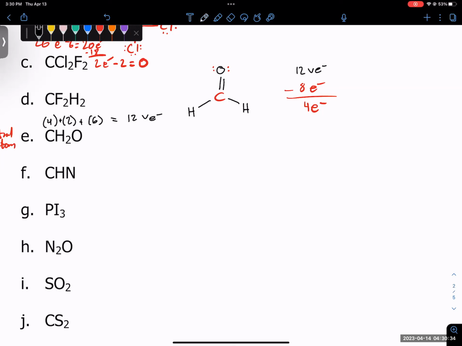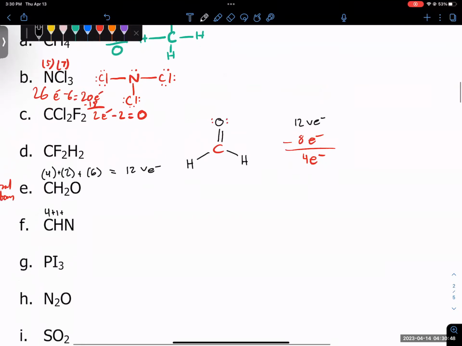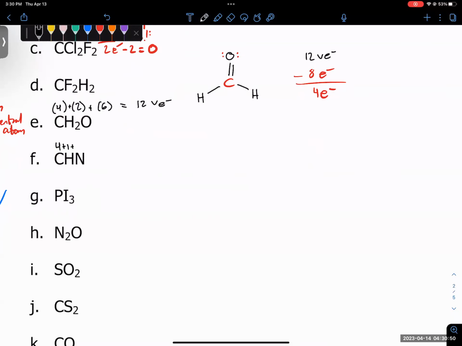Perfect. So carbon, we already had dealt with carbon a couple times. We know it has 4. And we know hydrogen brings 1 electron to the table, so 4 plus 1. And then we had mentioned in the example Rich did earlier with nitrogen, that nitrogen brings how many valence electrons to the table? 1. So Sydney says 1.